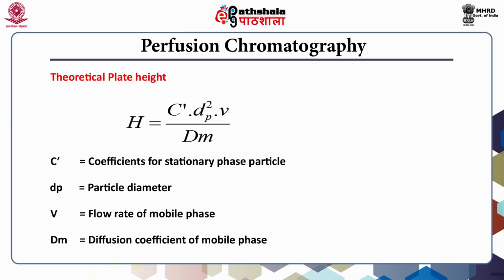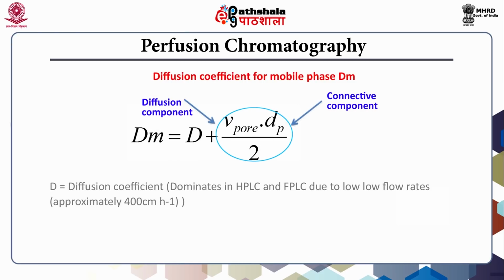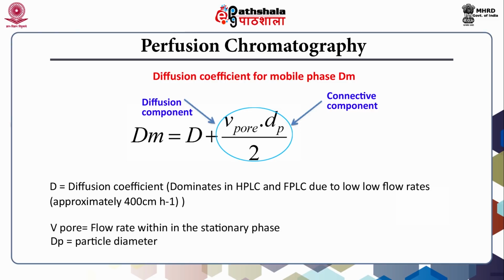So, basically what we need to understand here is that the theoretical plate height is inversely proportional to the diffusion coefficient of the mobile phase. Let us see in the coming slides how it is mathematically related. First of all, let us understand what a diffusion coefficient is. The diffusion coefficient dm equals capital D plus V pore multiplied by dP by 2.